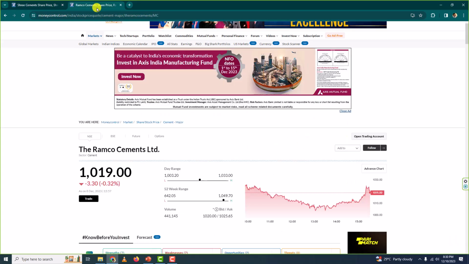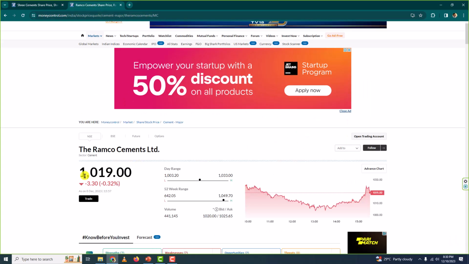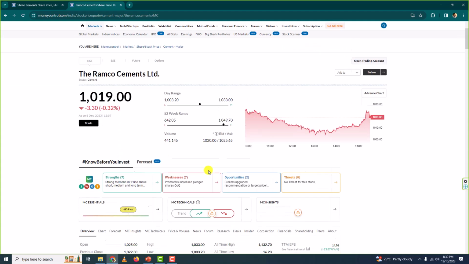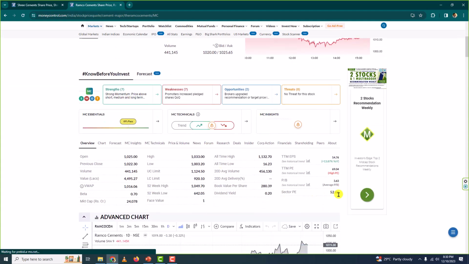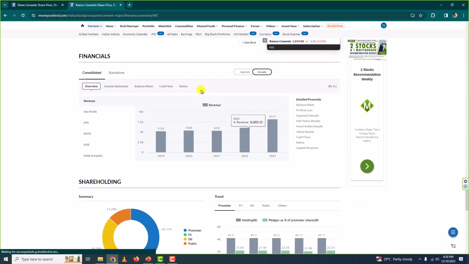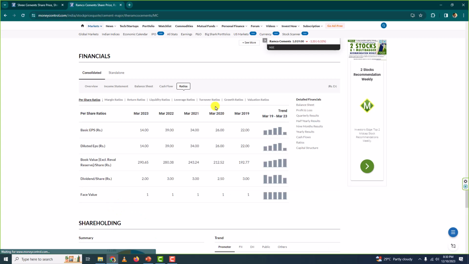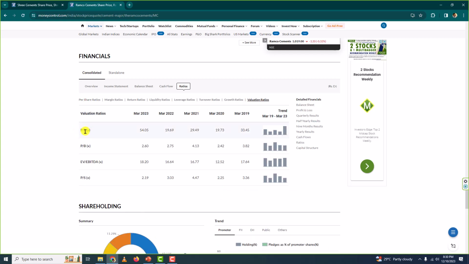Now let me come to one more company, Ramco Cements, and its current market price is 1019 rupees. The sector PE is 52.66, it doesn't change. If we go to financials, ratios, and valuation ratios, and look at the PE ratio, it is 54.05. Okay.